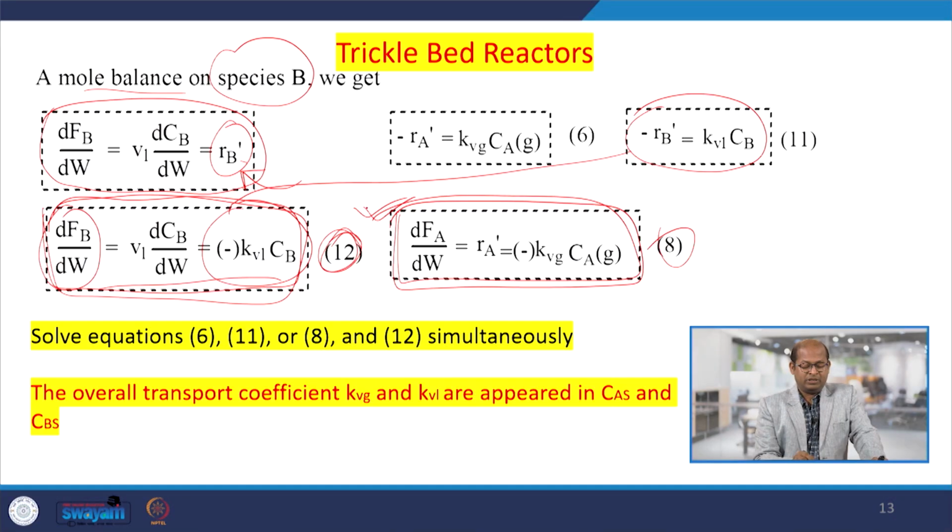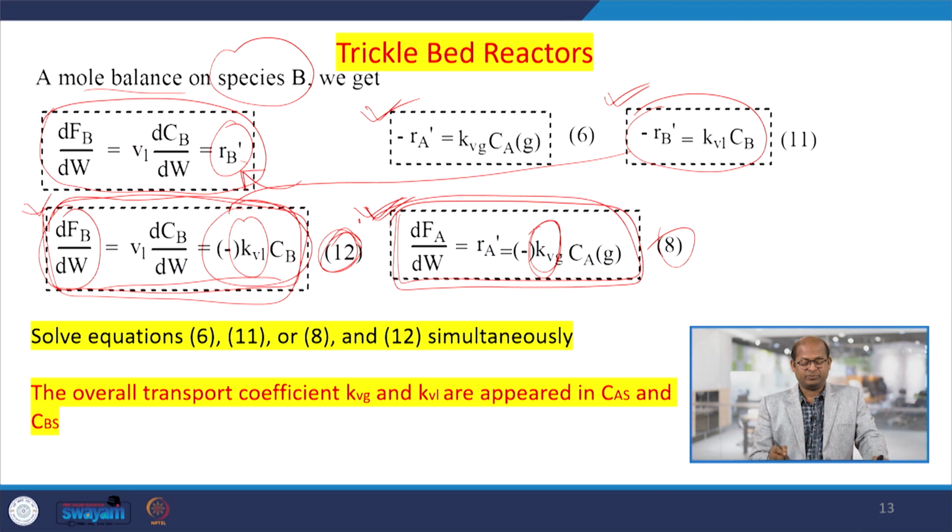So, these are equation 8 and equation 12. These two equations are the design equations for the trickle bed reactor. If we solve either equation 2 or equation 6 and 11, then we can get the mass transfer coefficient K_VG and K_VL values. These are the components we have to find out.